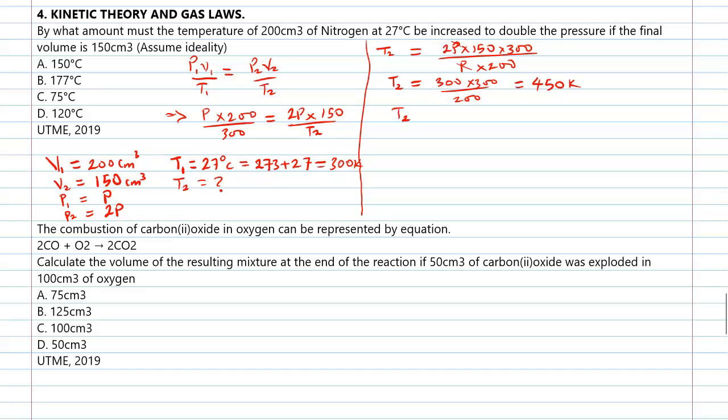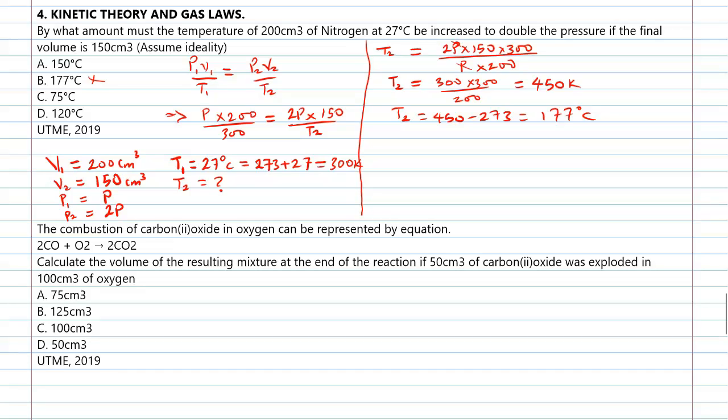Converting that to degrees centigrade, you have 450 minus 273. This is 177 degrees centigrade. Though there is 177 degrees centigrade in your options, this is the wrong answer. How? This is the final temperature T2.